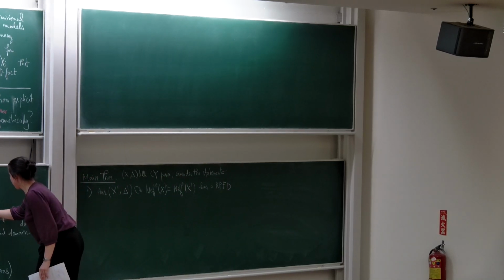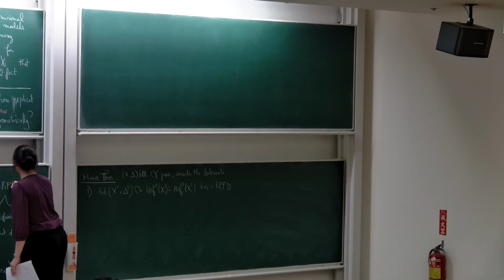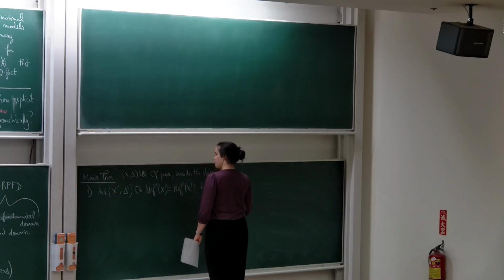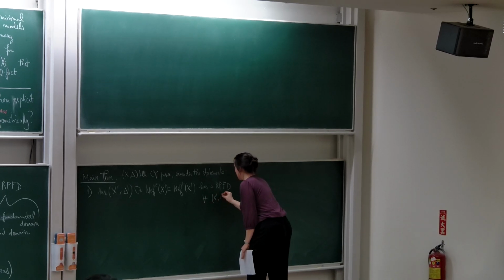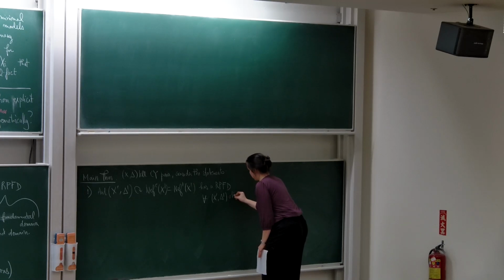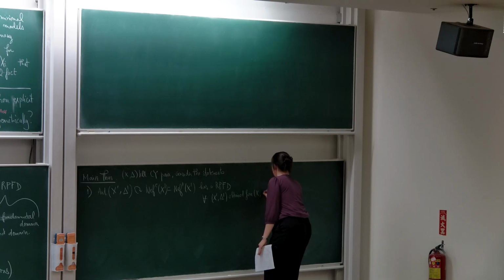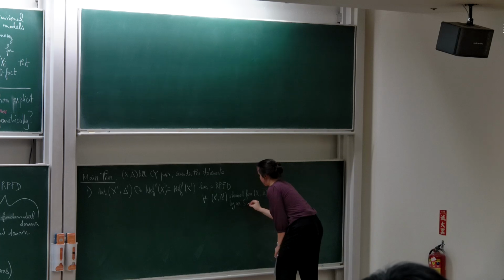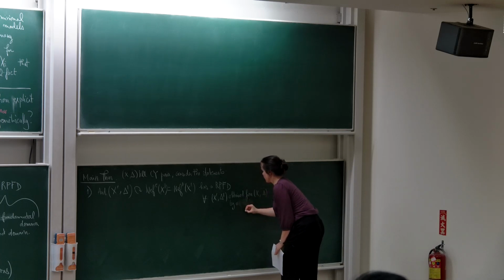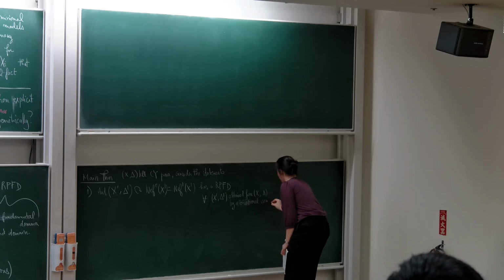So this is our PFD. For all (X', Delta') obtained from (X, Delta) by an SQM, so by a birational isomorphism in codimension 1.